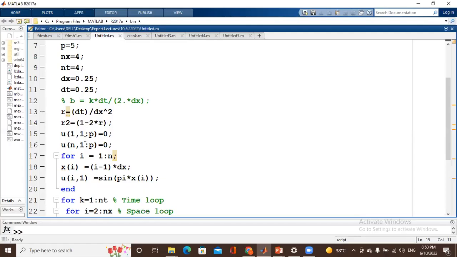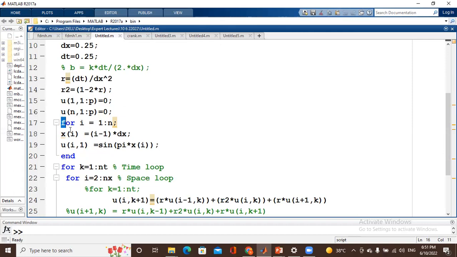So in that case 1 means 0, but we write it in the program, and the t value is 1 up to p, 1 up to 5. So this is the discretization, and all the values are 0. Similarly, at the end point when x is n and t changes, again the value is 0.